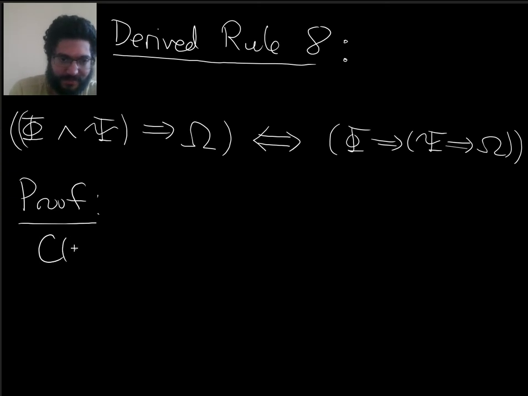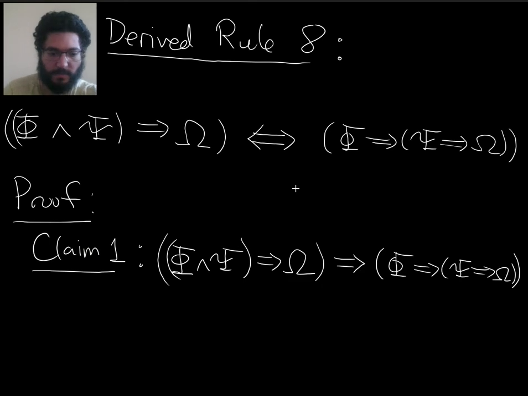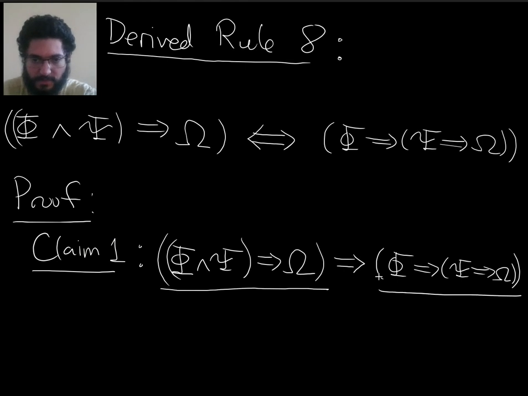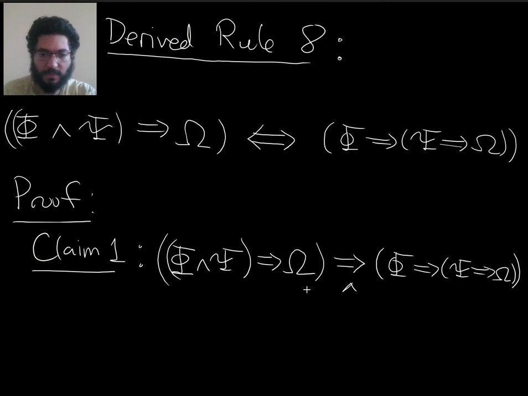So we have two claims to prove. Claim 1 is that the left side implies the right side. So if the left side holds, then the right side holds. And basically I've just rewritten what's up there, but with a single arrow. And then claim 2 will be the same thing, but with the arrow flipped around.